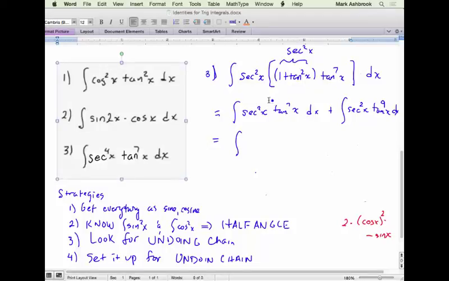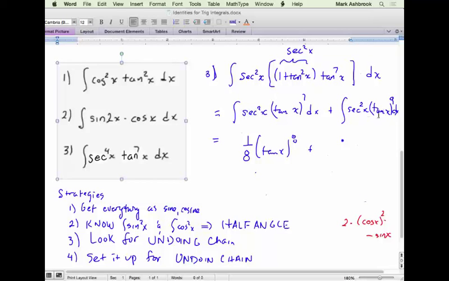And now look, I've got this to the 7th, and then I've got this one to the 9th. And so I'm home free, because why? Because secant squared is the derivative of tangent. So, undoing the chain rule, I'm going to do the antiderivative of something to the 7th, which is 1/8 tangent x to the 8th.